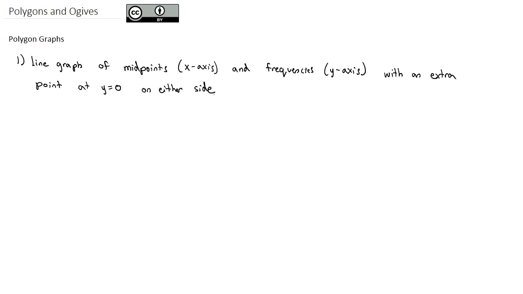And those extra points just bring the polygon down to the x-axis on each side of the graph.